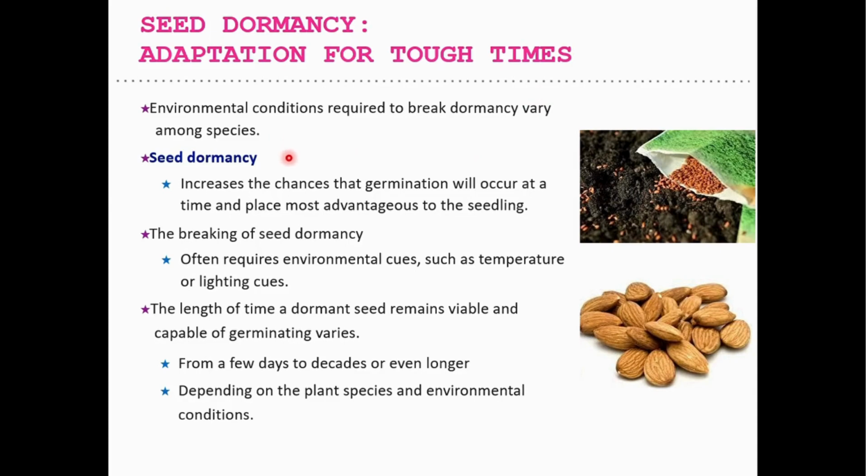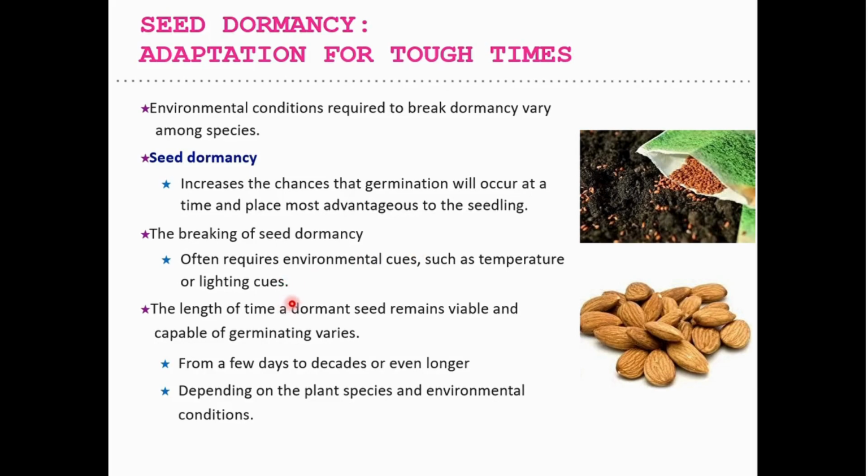Seed dormancy increases the chance that germination will occur at the time and place most advantageous to the seedling, in the most favorable condition and environmental cues. The breaking of seed dormancy often requires environmental cues such as temperature and lighting cues.